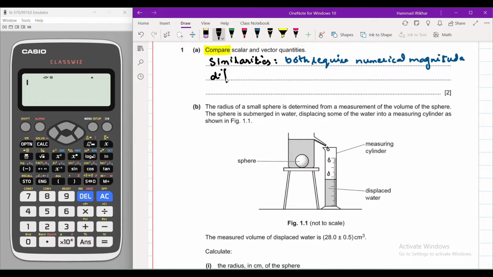But the difference is that vectors require direction, whereas scalars do not. Scalar quantities do not.